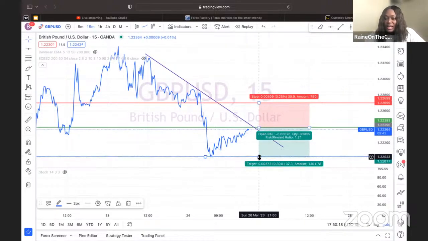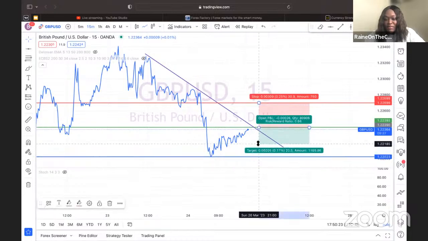But while I have that as the take profit, I'm so accustomed to the 20 pip. So I'm going to put that as my take profit one right there. Once it hits 20 pips, I'm going to take some money, but I can keep it going to 30 pips.